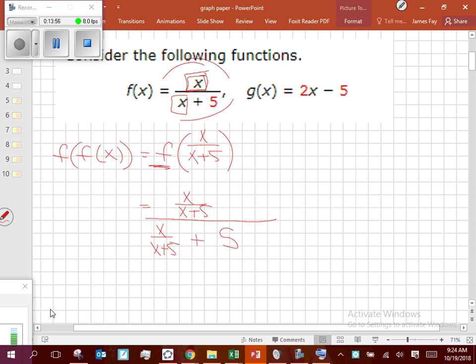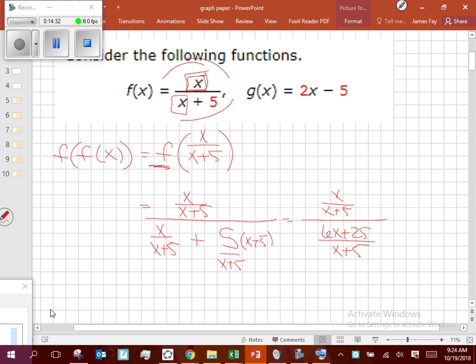But now we got some ugly stuff going on here. Let's go ahead and simplify the bottom. Okay, so it's got to be x plus 5, x plus 5. So the bottom is going to be x plus 5x, so 6x plus 25 over x plus 5. Is everybody okay with that? The top is going to be x over x plus 5.